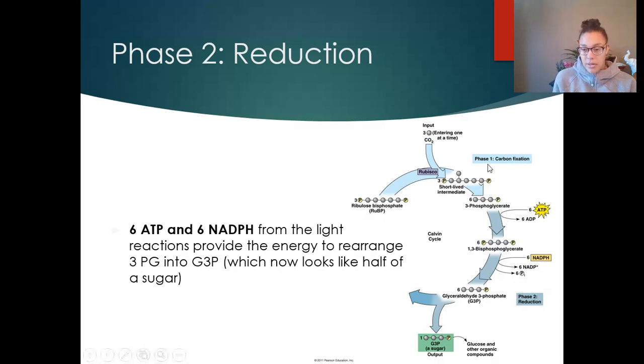So that's what's happening over here. One of our molecules is dropping out so that it can be used later on as sugar or other organic compounds. It's reduced or lost.